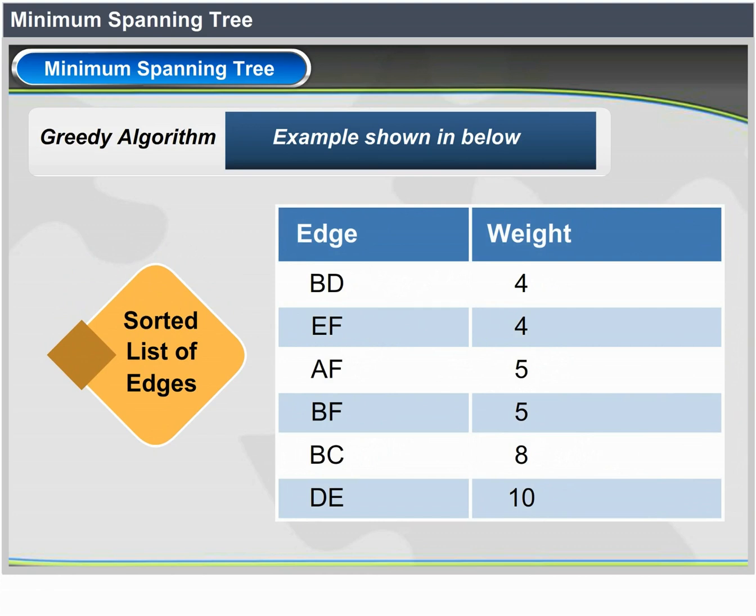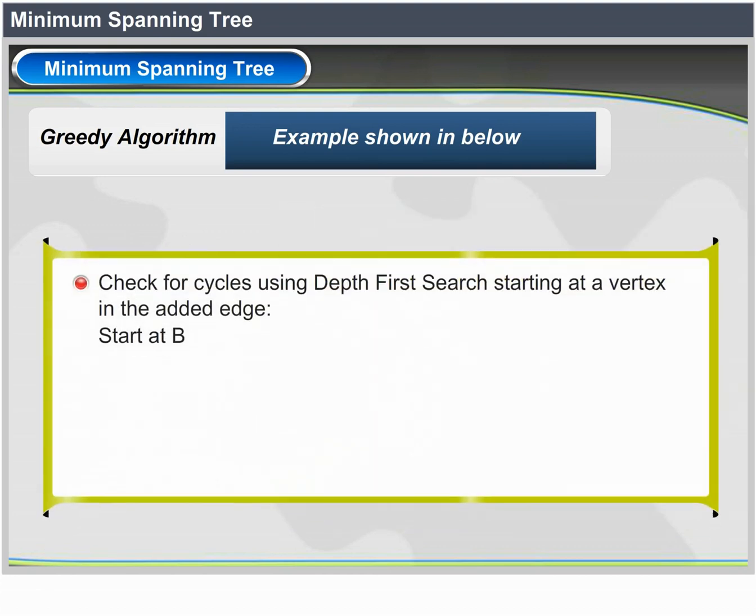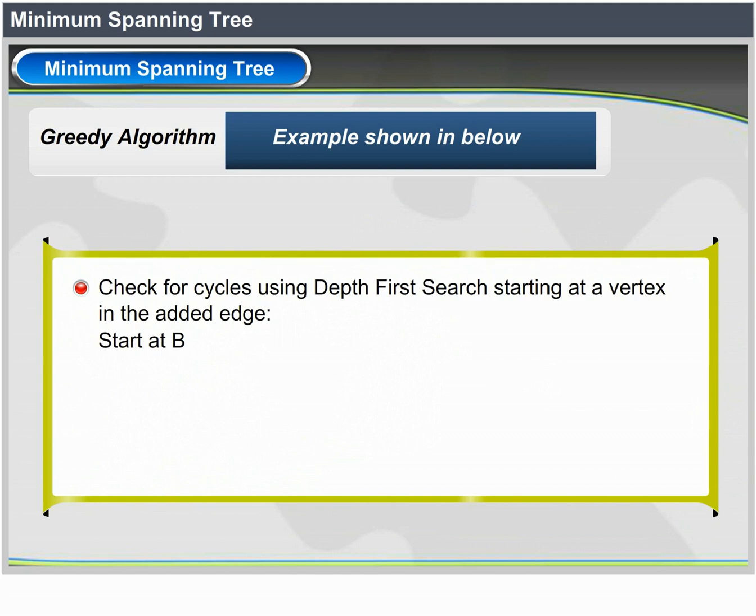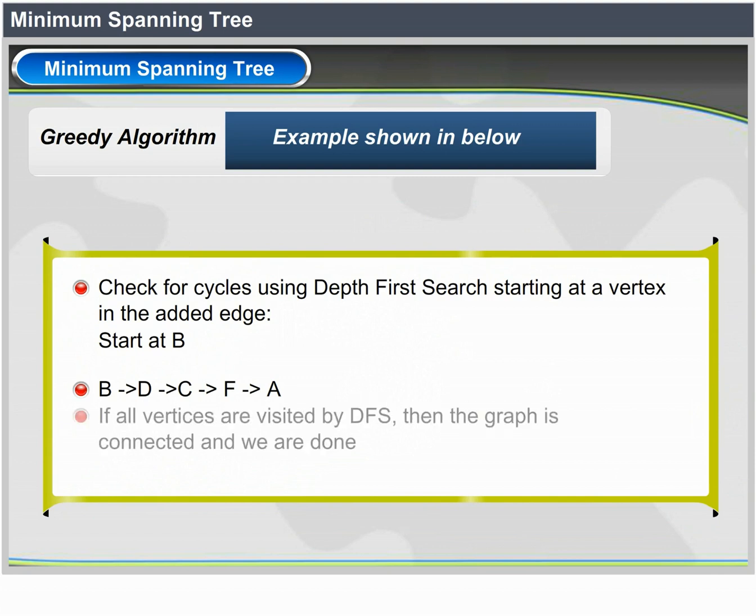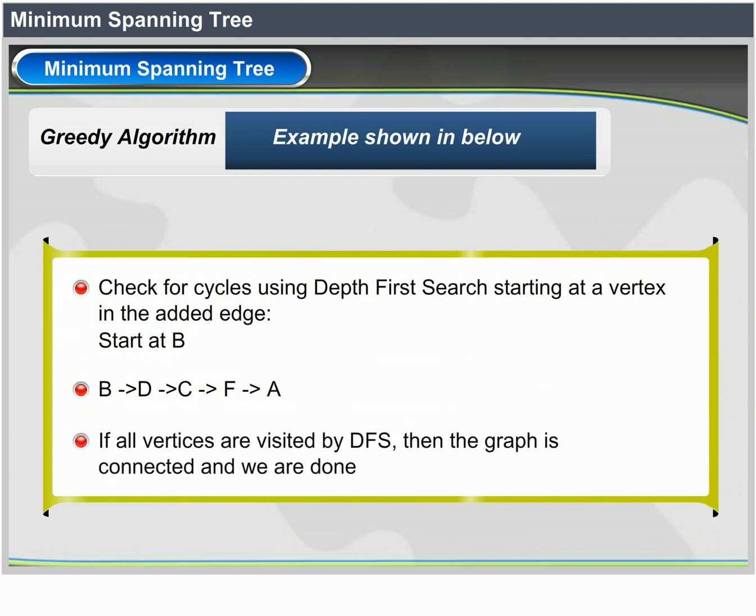Check for cycles using depth first search starting at a vertex in the added edge. Here start at B. The vertex B visits D, D visits C, C visits F, and F again visits A. If all vertices are visited by DFS, then the graph is connected and we are done.